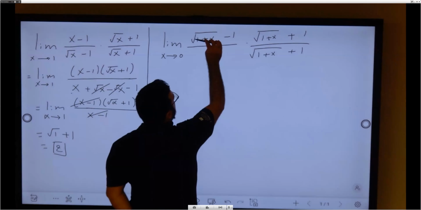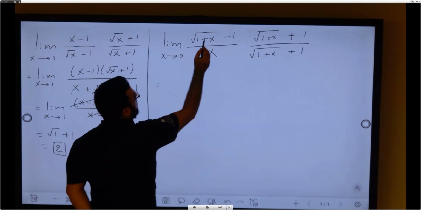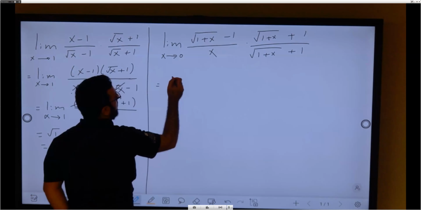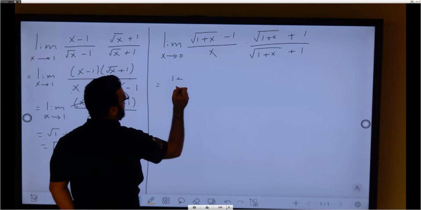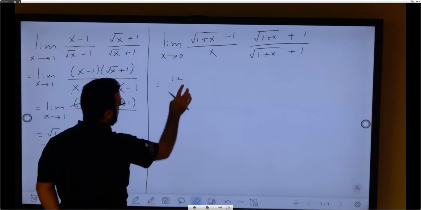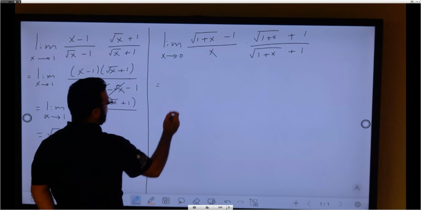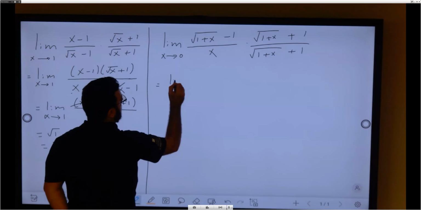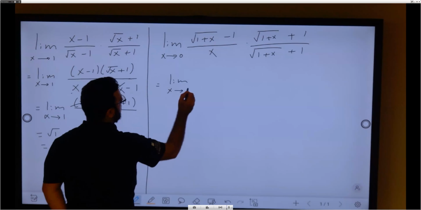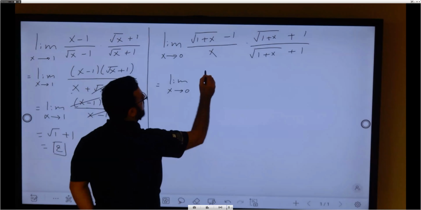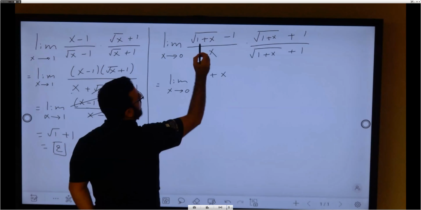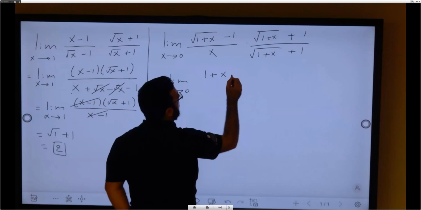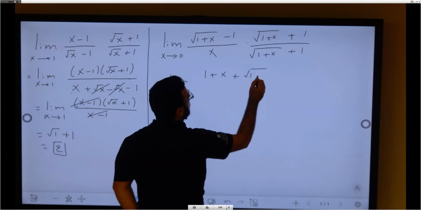Now let's distribute this one here. Square root of 1 plus x times square root of 1 plus x, with the roots, is going to be 1 plus x. Don't forget the limit. So the limit, when x approaches 0, is going to be 1 plus x, this one times 1 plus square root of 1 plus x.